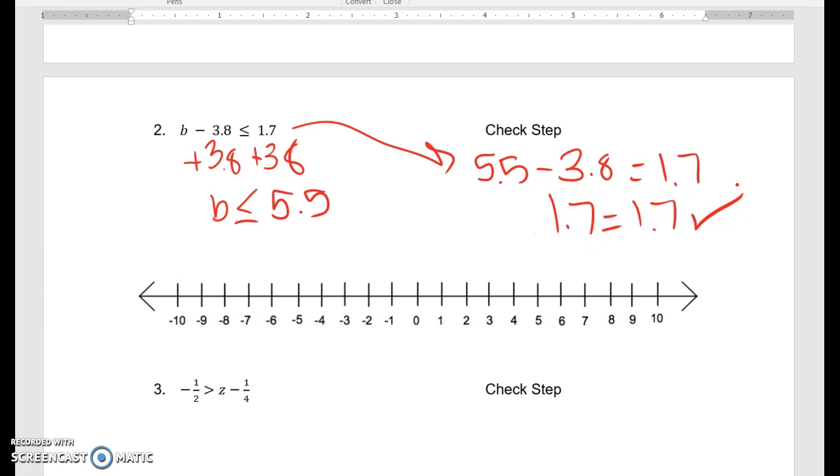All right, you are good. Since this one has an equal to sign under it, it's going to be a closed dot on 5.5. Just draw your best in between the 5 and the 6. And since the b is less than, it's all the numbers to the left. Shade and draw an arrow.